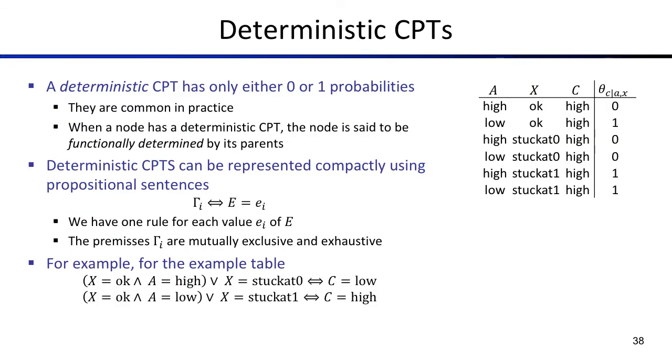And when we have deterministic CPTs, those CPTs that only have 1 and 0 probabilities, what we can do is use propositional sentences to represent the CPTs. And it's very simple to do. We have here one example, and with just 2 propositional sentences, we can summarize this entire table that we used in one of our modeling examples.